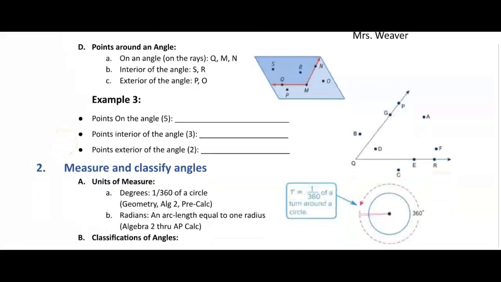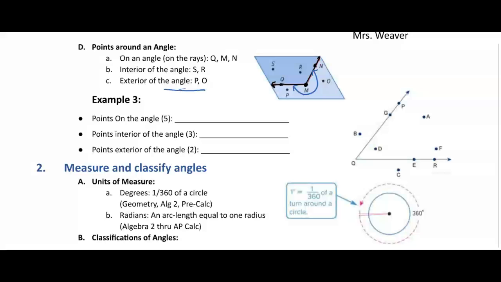Then we also have ways that we describe the points around an angle. Any points that are on the rays or sides of the angle itself are known as being on the angle. So if they're on the rays, for instance, M, N, or Q in this case, these points are on the angle. If they are in the larger area outside the angle, then they are exterior to the angle.